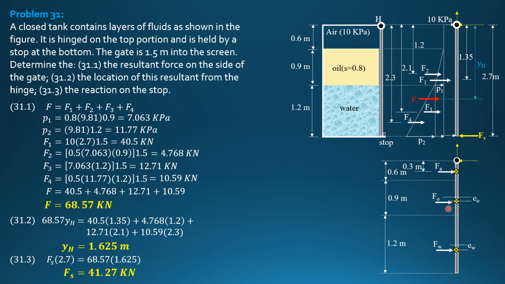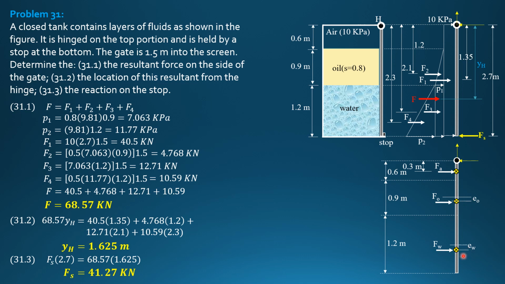So this is the FBD. There are only three forces. In my own way of analyzing it, we have force in contact with the gate where air is in contact for fluid 1, then oil, then water. These points are the center of pressures. Then we have EO, EW, centroid to center of pressure.